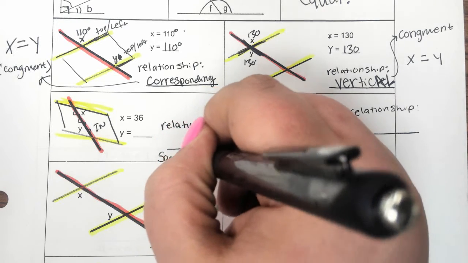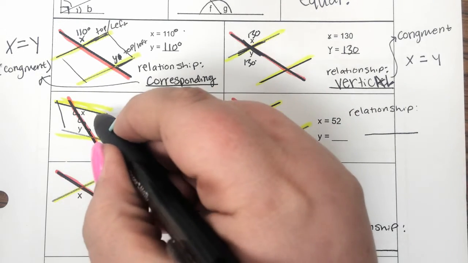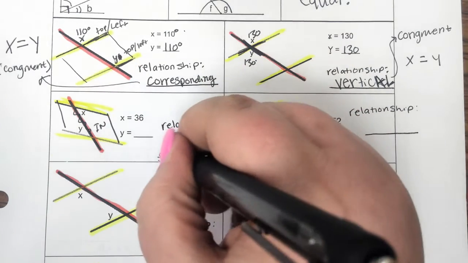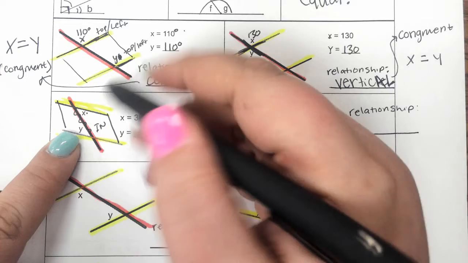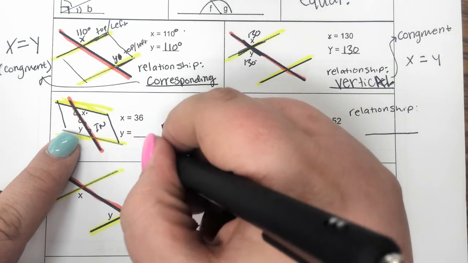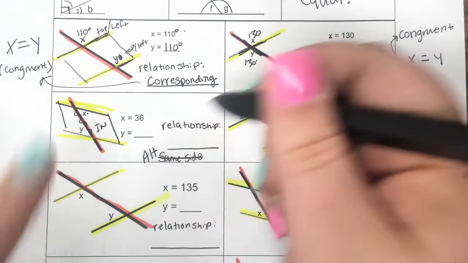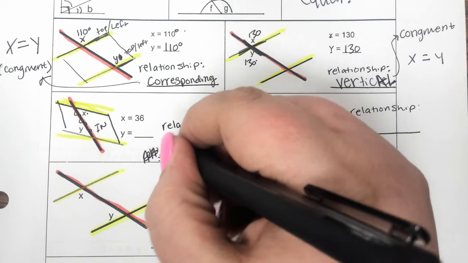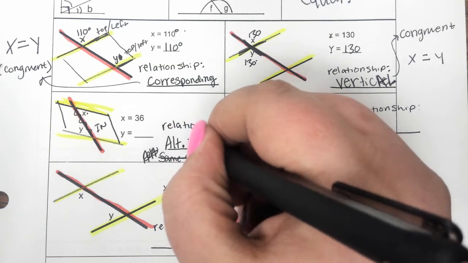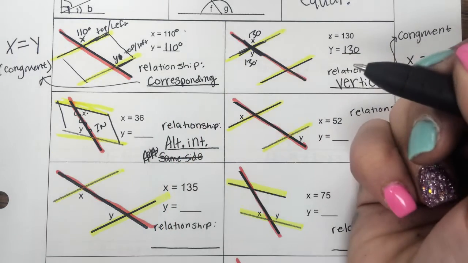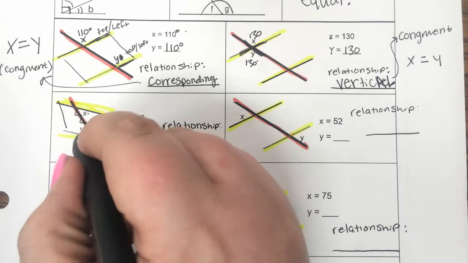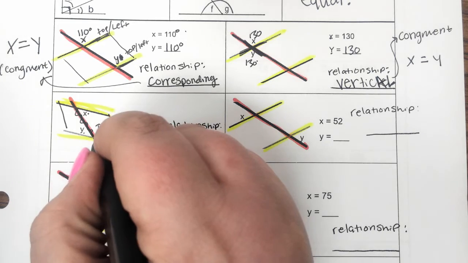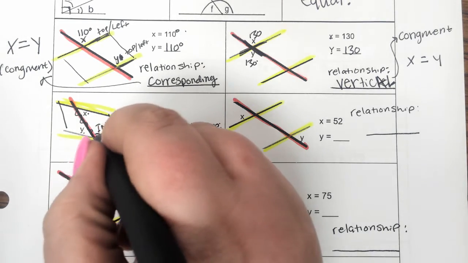Since they're on opposite sides, this is alternate interior angles. Same side, I said same side. They're on opposite sides, so this is alternate interior angles. Okay.